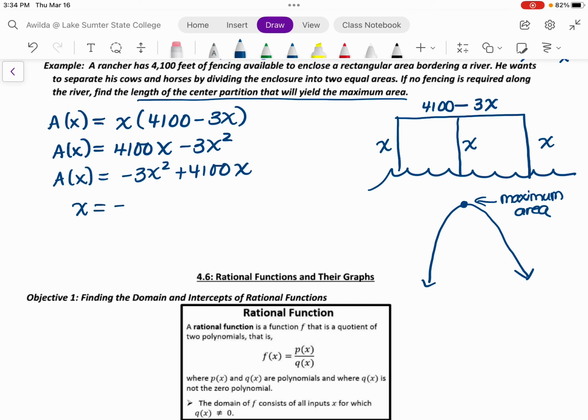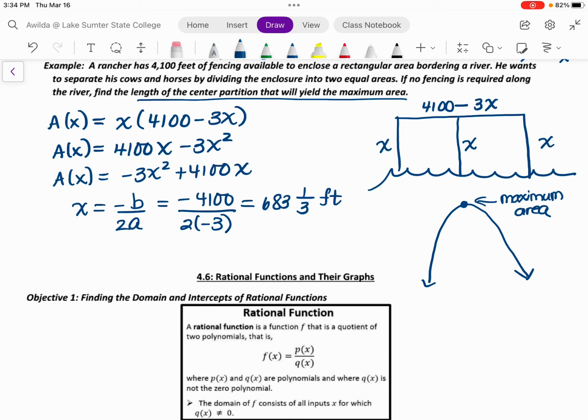X will be equal to negative b over 2a, or in this case, negative 4100 over 2 times negative 3. And if we do this on the calculator, we don't get a whole number this time. We get 683 1/3 feet.